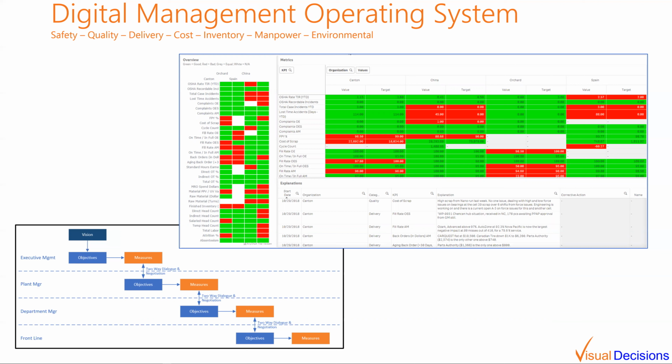Seeing this in real time or near real time across safety, quality, delivery, cost, inventory, manpower, environmental, et cetera, and knowing how to respond. So not only seeing for each individual metric whether I'm meeting my targets, but having these targets be adaptable based on the current situation, and then drilling down where I'm not meeting the new target to understand what needs to be done to course correct.